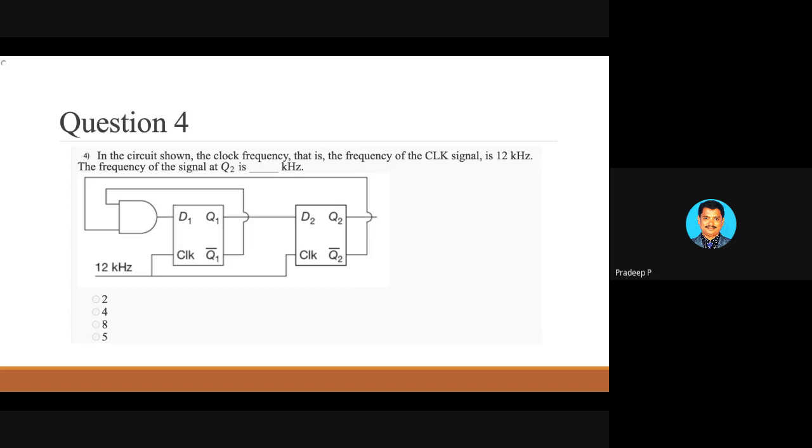Both we are connecting. Next cycle it will be 0. I am checking for 0, 0, 0, 1, 1, 0 like that for different input combinations. It is a delayed version. I'm not sure, but I am estimating 4 kilohertz.